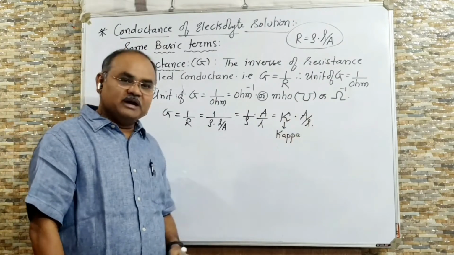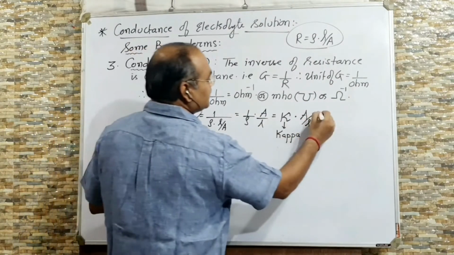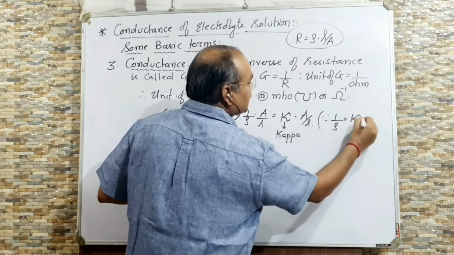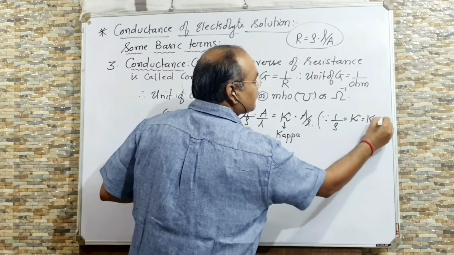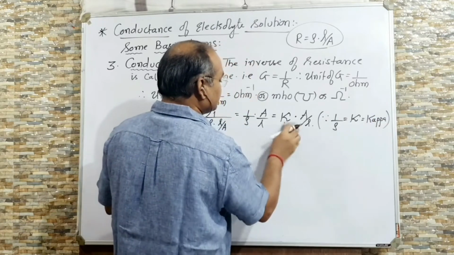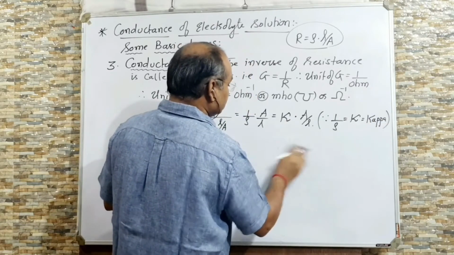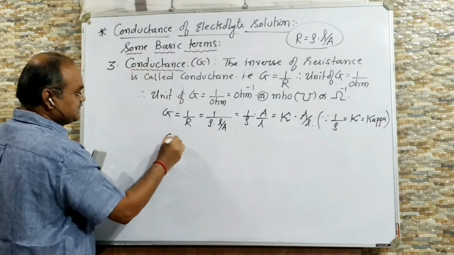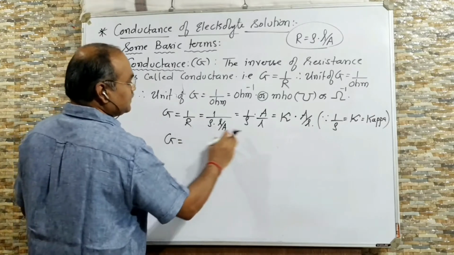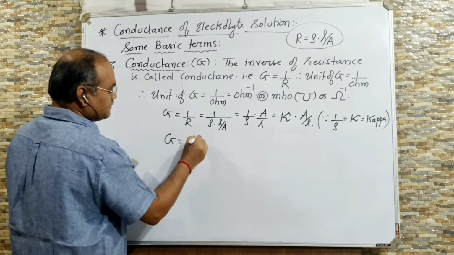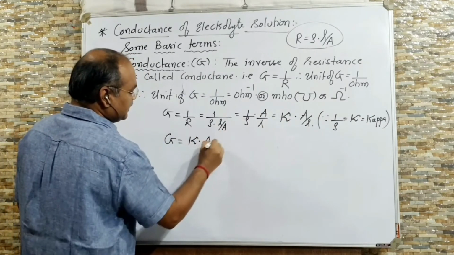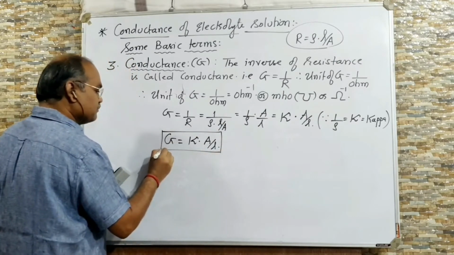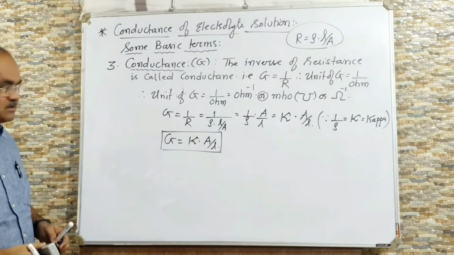Kappa into A by L, because 1 by rho is equal to kappa. So you can write G is equal to kappa into A by L. May be useful to you for calculating the numericals, right?